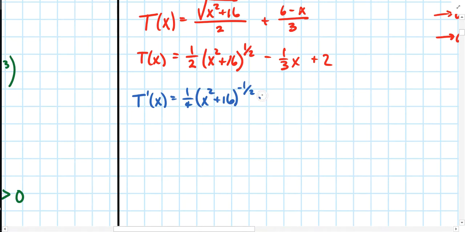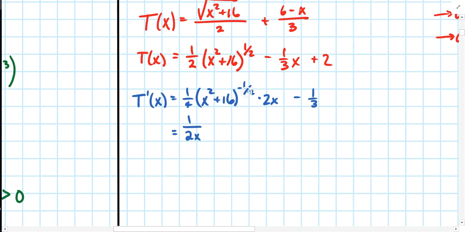Then we immediately have to multiply by the derivative of the inner function, which in this case is 2x. The derivative of negative 1/3 x is minus 1/3, and the derivative of 2 is 0, so nothing there. Might be nice to combine this 2x times 1/4, and that's going to leave us with 2x over 4, or 1 over 2x.